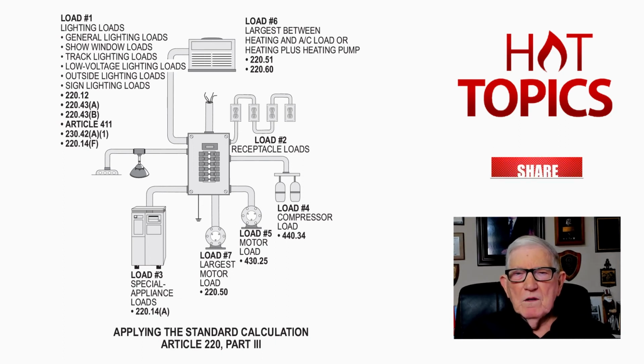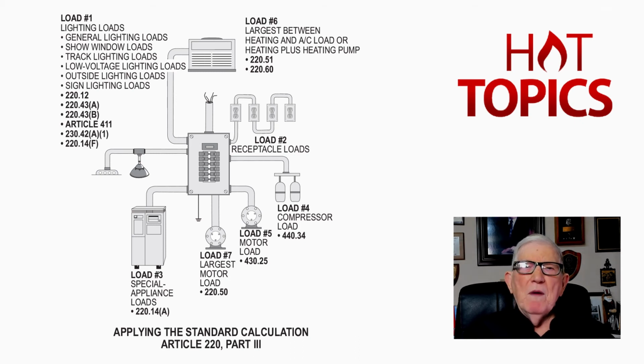And for the 4th load, you'd look at compressor loads. 5th load, you'd add all your motors. And then we pick the largest motor, which is usually now from loads 4, 5, or maybe even 6, because in 6 you're going to have the largest between the heat or air.